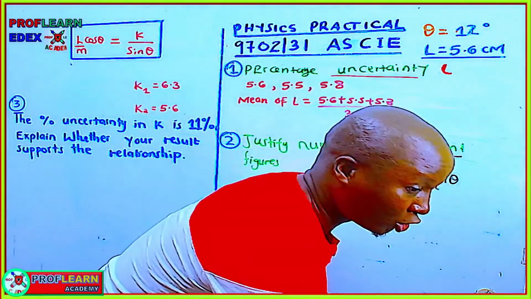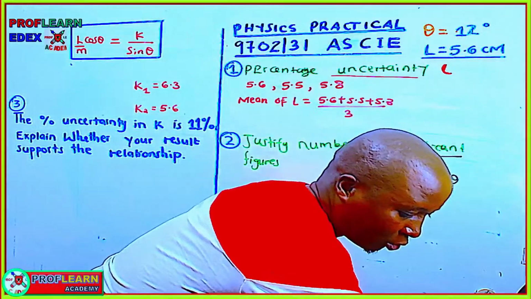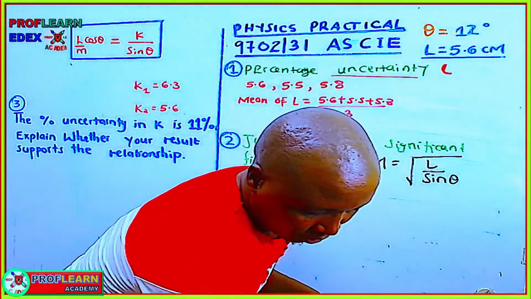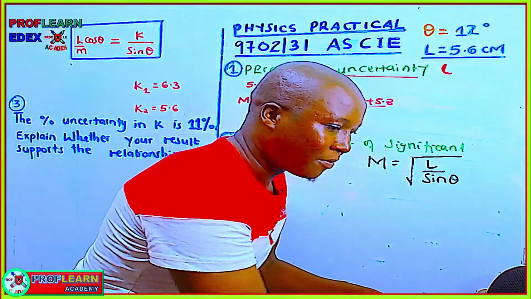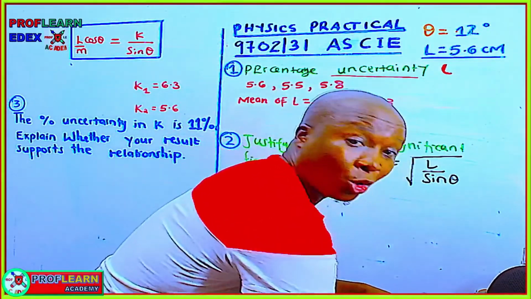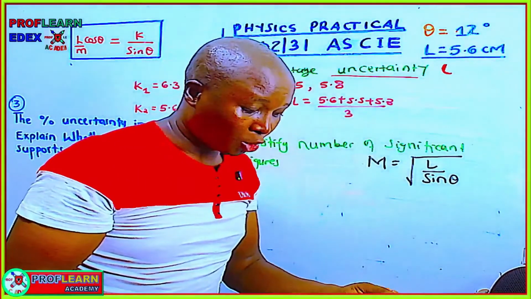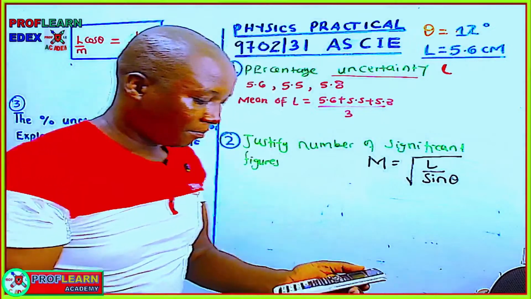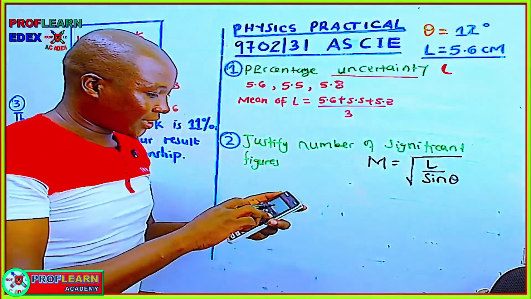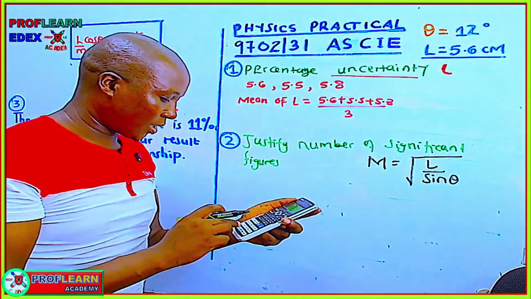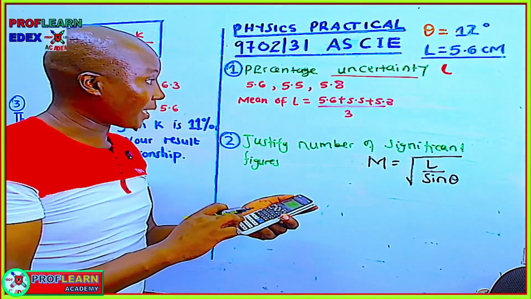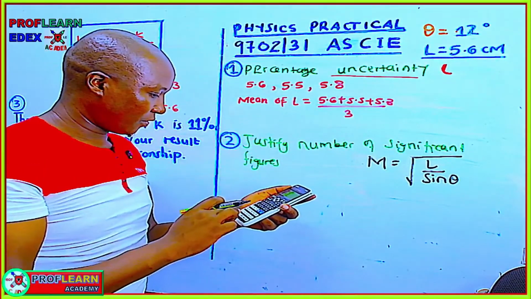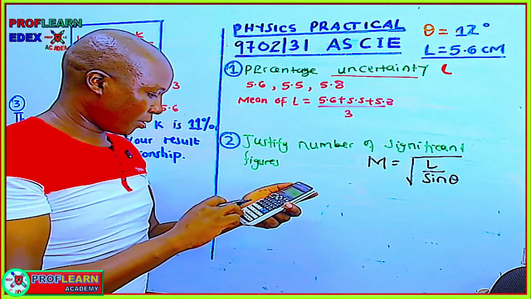If you are asked that question, first thing to do, whenever you are asked to find the percentage uncertainty, repeat that measurement they have told you so that you can get 3 different measurements, so 5.6 plus 5.5 plus 5.8.